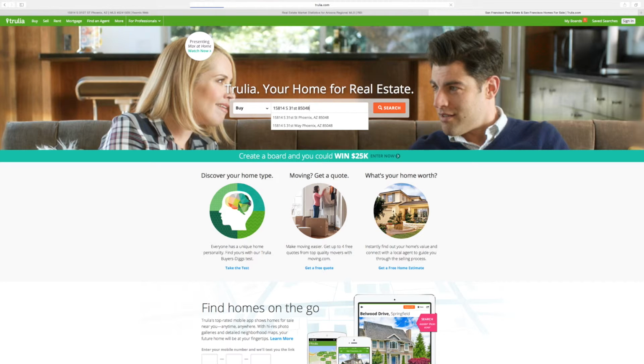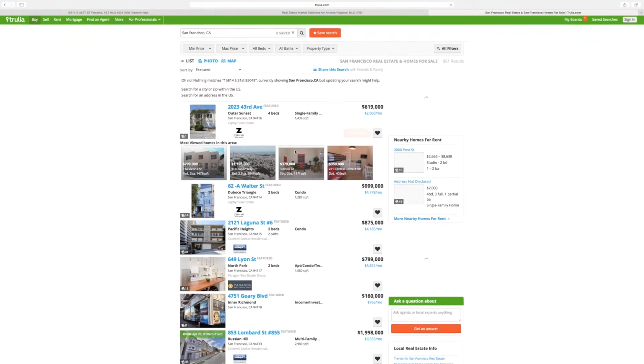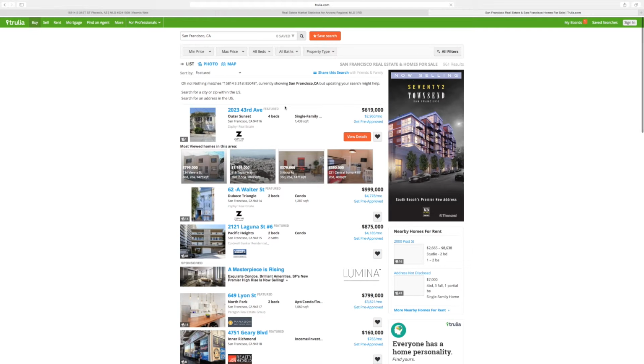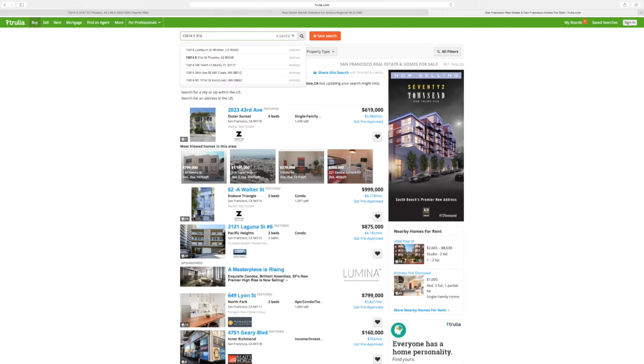Now what we're doing is taking screenshots of all this stuff as we go, because we're going to be plugging a lot of this in. It says it can't find it.